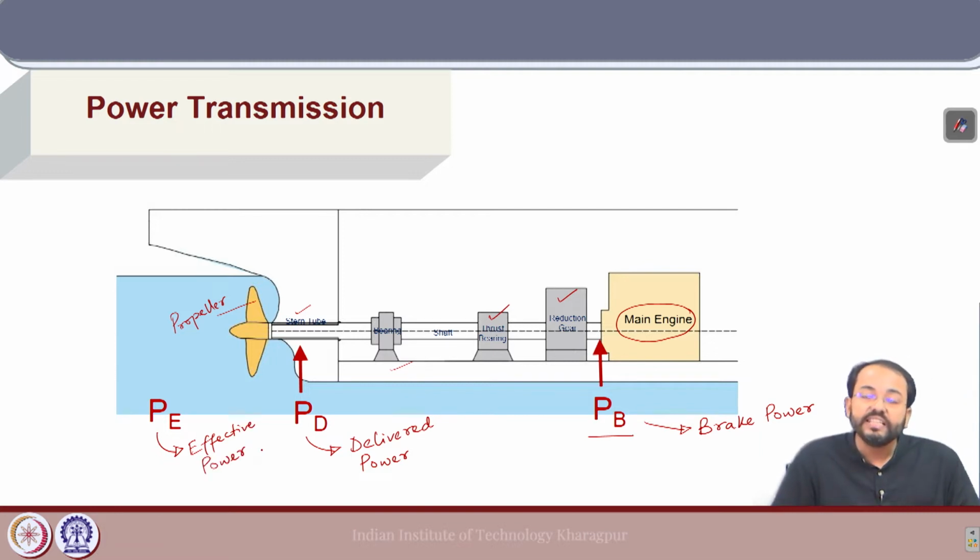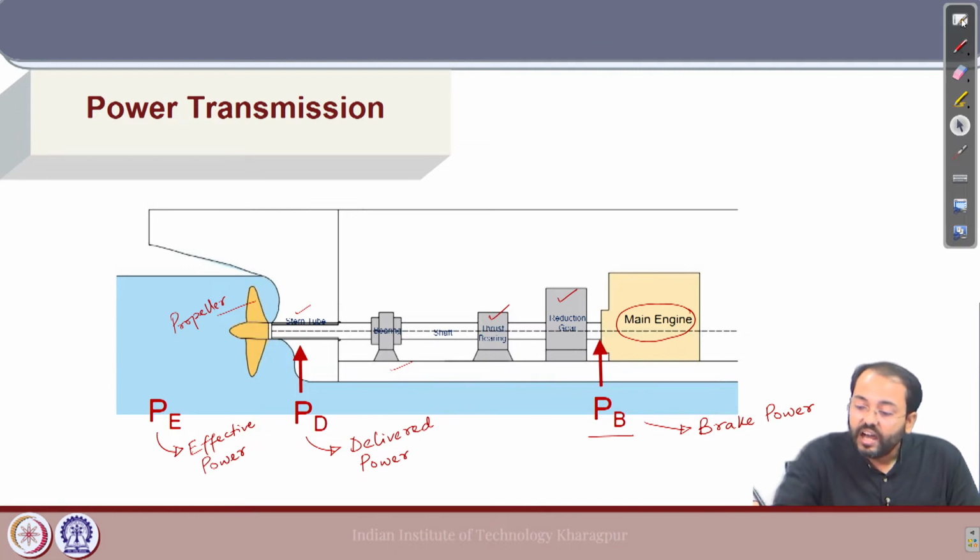PE is the final output power which is required by the ship to move forward with a specific velocity. Now, let us see how these power components are related to each other. The effective power PE is given by the total resistance of the ship multiplied by the speed of the ship.